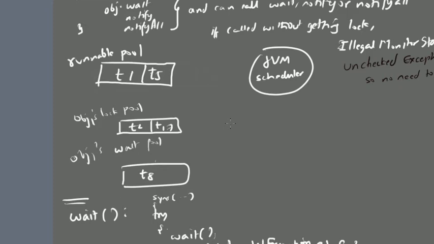there is a thread, say for example T1, which has obtained the lock of obj1 by invoking a synchronized method of obj1.